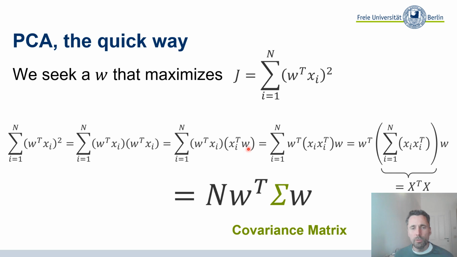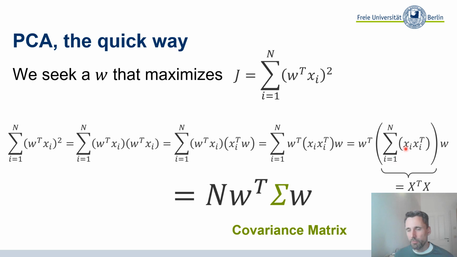And now W doesn't really depend on i. We can pull this out of the individual parentheses and then out of the summation. And we'll end up with this expression here, which is interesting because in the middle we have this matrix X transpose X. So what is this?